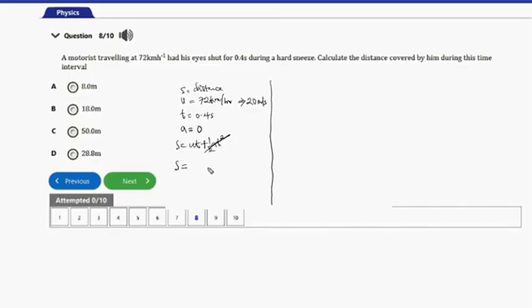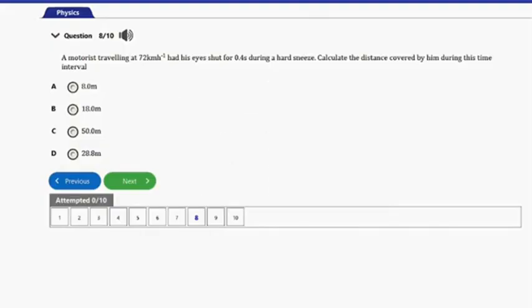So in that case, we'll have that s is equal to 20 times 0.4, and that's 8. So the answer to this question is option A, which is 8 meters. So let's go ahead and consider the next question, guys.